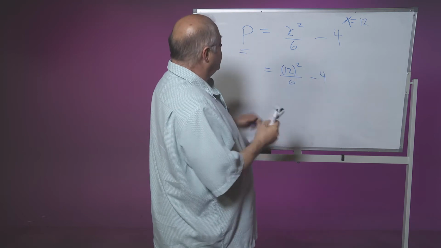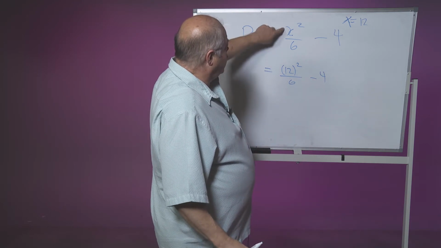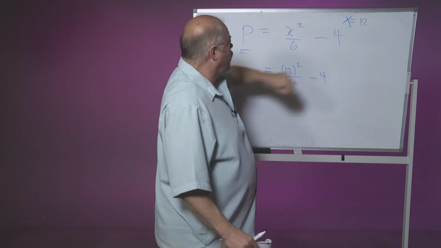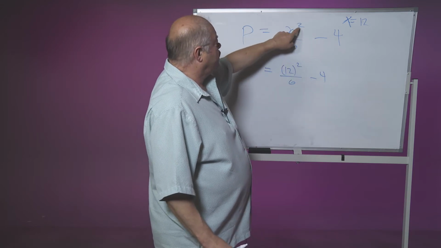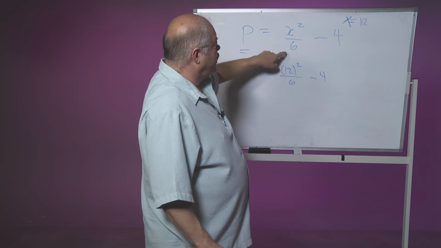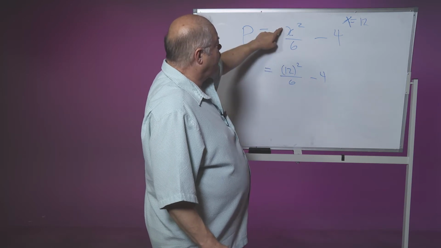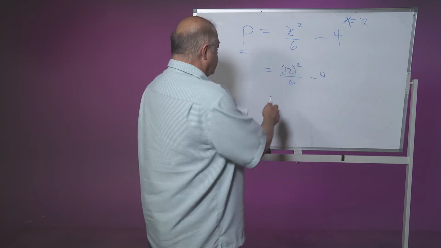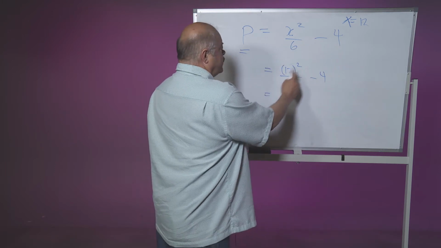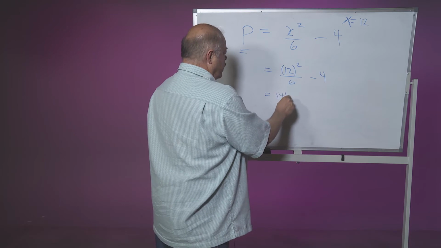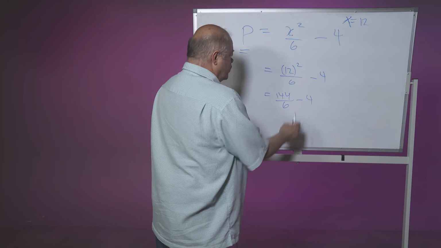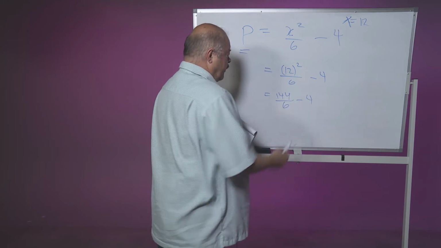Now we're doing this part here first before we do the minus 4, because we have an exponent and we have division. And so those operations come before subtraction. And so 12 squared is 144 divided by 6, all minus 4. So I'm not minusing 4 off 144.